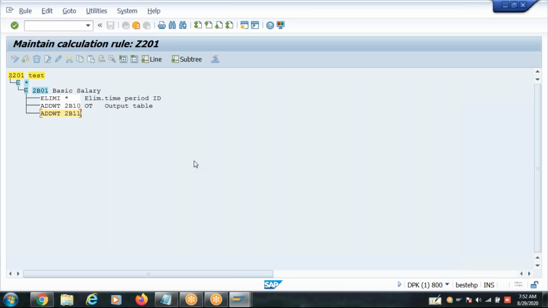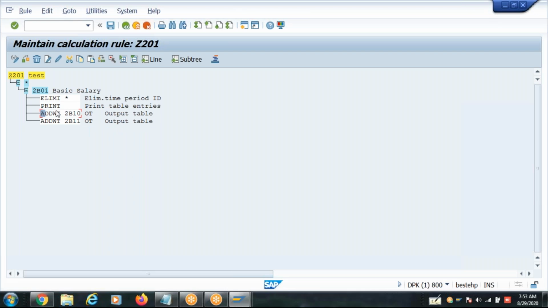But in 2B11, I want split A, split R to be there as it is. I don't want them to be deleted. Split A, WPBP split R, employee subgroup grouping for PCR split. I want both the splits to be as it is in 2B11. But the system has eliminated every split indicator here. So give it a print here to see it.